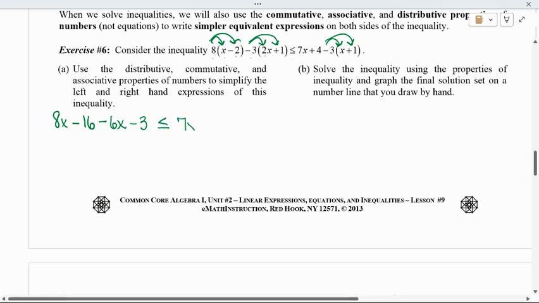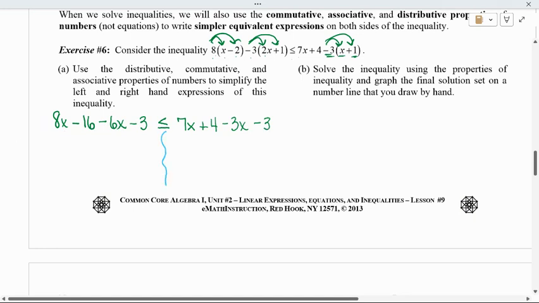Nothing is happening to the 7x, I'm just going to rewrite it. Nothing is happening to the positive 4. But now we need to distribute right here. Negative 3 times x is negative 3x. Good job. And negative 3 times positive 1 is, we're multiplying, what's negative 3 times 1? Negative 3. Good job.